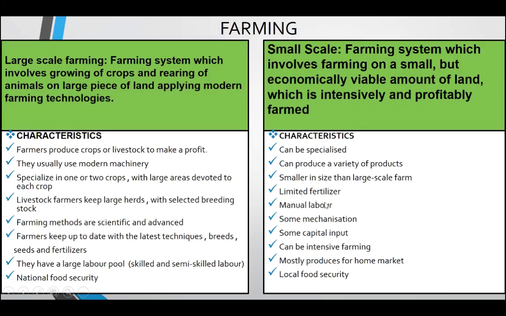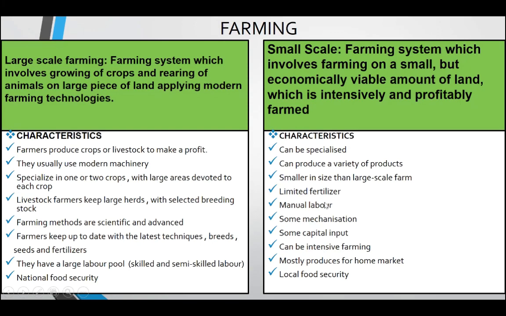What factors favor sugarcane farming? Here, we are going to have some specifics, unlike when we were looking at the factors that favor farming in general. There will be other conditions that you could give, which are general conditions.